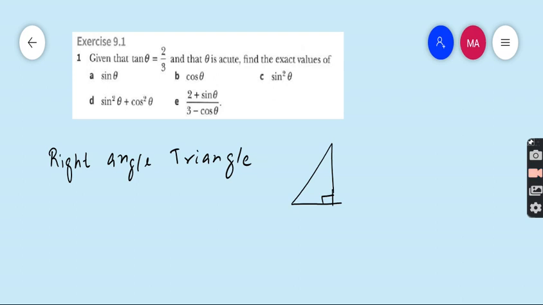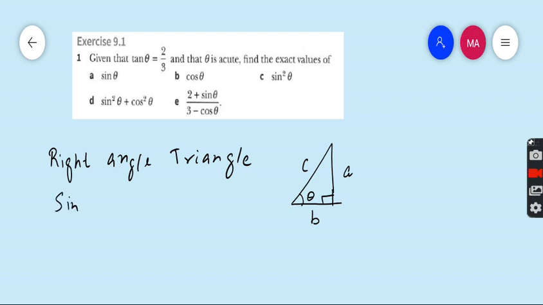For a right angle triangle, we can apply the trigonometrical ratios. For example, if we have this angle theta, this side A, this side B, this side C, then we have the trigonometrical ratios.